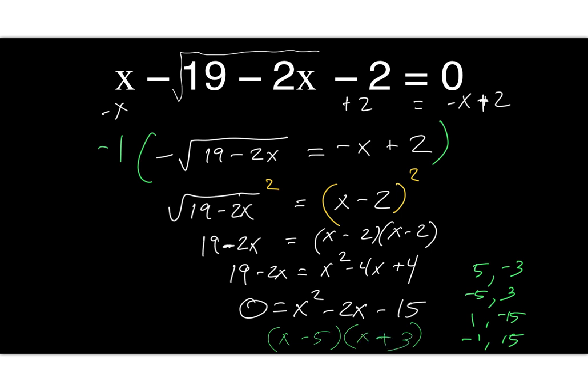So that's plus 3 equals 0. x will either be 5 or x will be negative 3. Either this has to be 0, because 0 times anything is 0, or this one has to be 0, because 0 times anything here is also 0. 5 makes this 0. Negative 3 makes this one 0. Those are my two solutions.